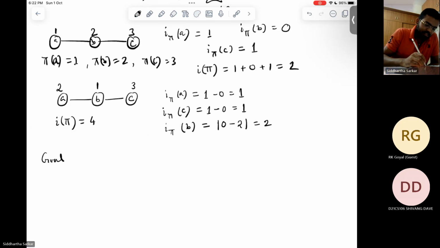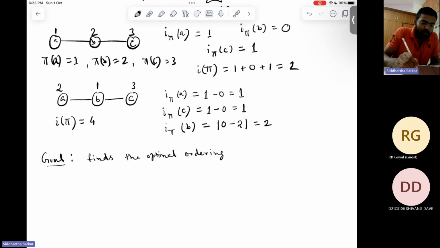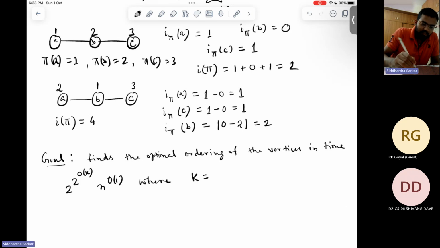Our goal is to provide an algorithm that finds the optimal labeling or ordering of the vertices in time 2 to the order k times n to the order 1, where k is the size of a given vertex cover in G.